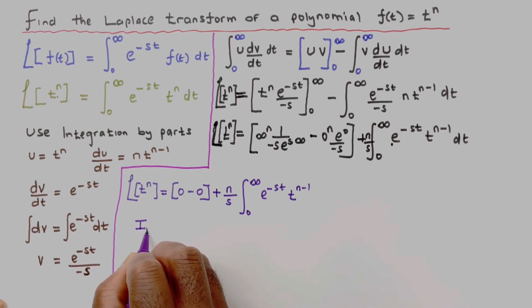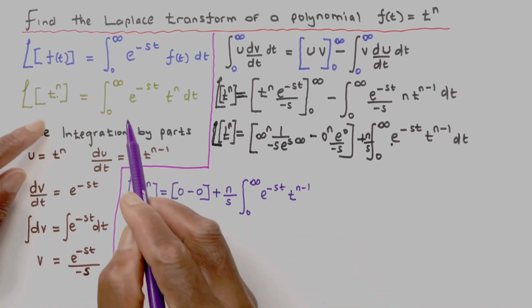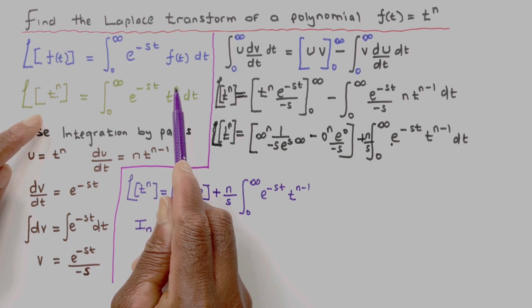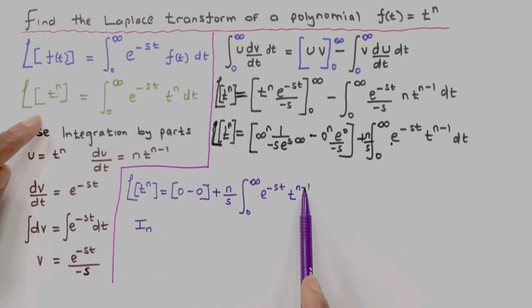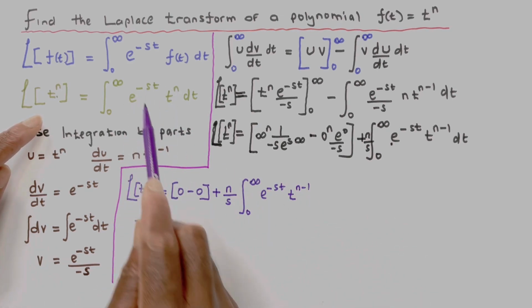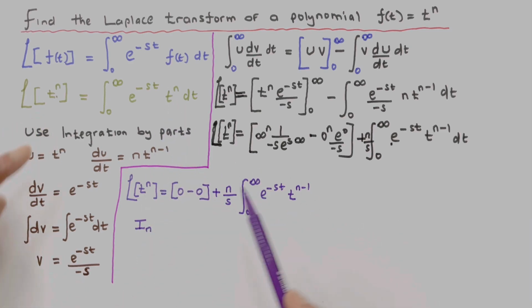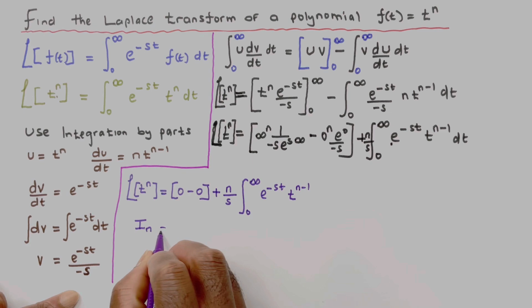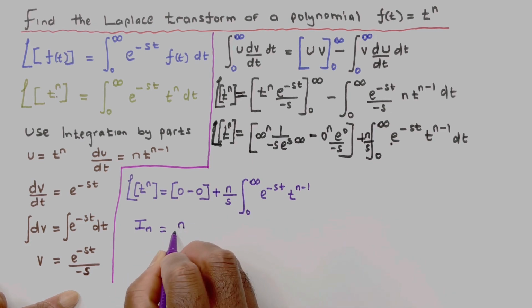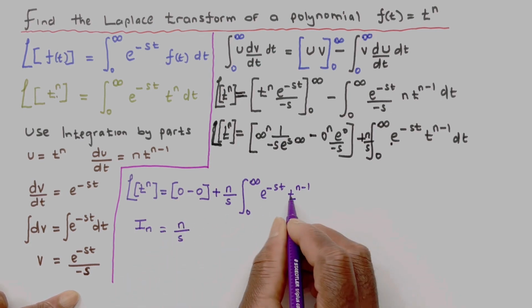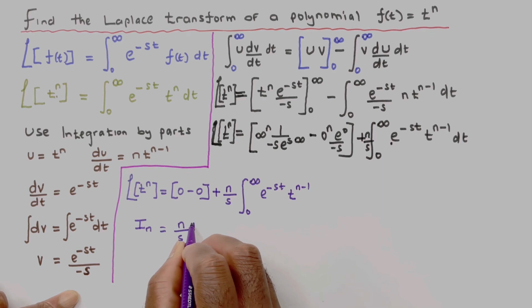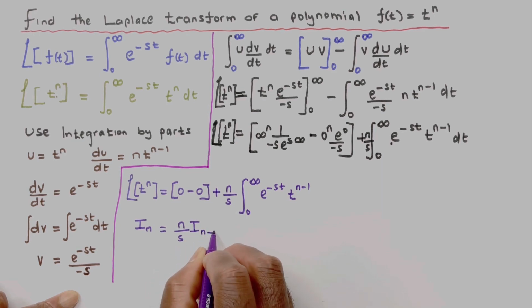I subscript n represents the Laplace of t to the power of n. You can see that's similar to the Laplace of t to the power of n minus 1. So we can say n over s and replace that with I subscript n minus 1.